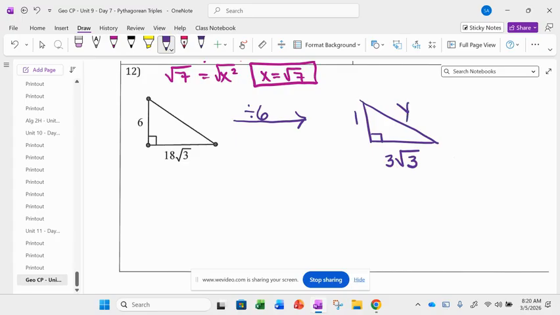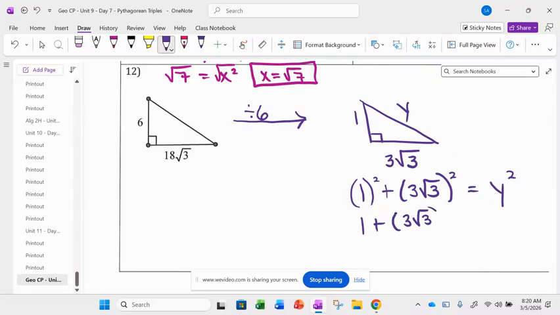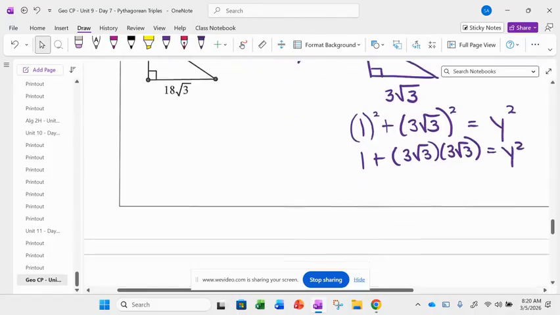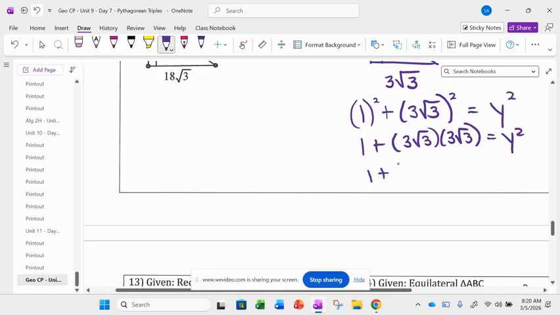So now I use the Pythagorean theorem. I have 1 squared plus 3 root 3 squared equals y squared. So 1 squared is just 1 times 1, which is 1. Now 3 root 3 squared is 3 root 3 times 3 root 3. So we have 1 plus, and then multiply the outside numbers. 3 times 3 is 9.